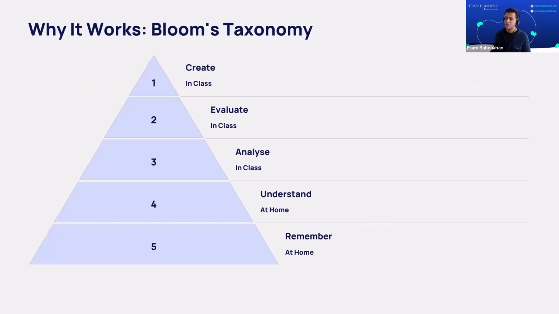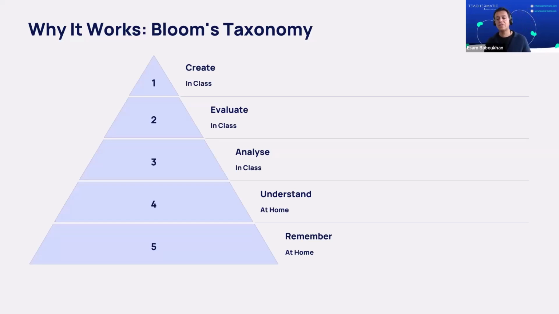So the model is grounded in Bloom's taxonomy. At home, learners tackle the basics. So things like remembering and understanding, where in class, we can push them into some of the higher order thinking, more of the analysis, evaluation, and creation.